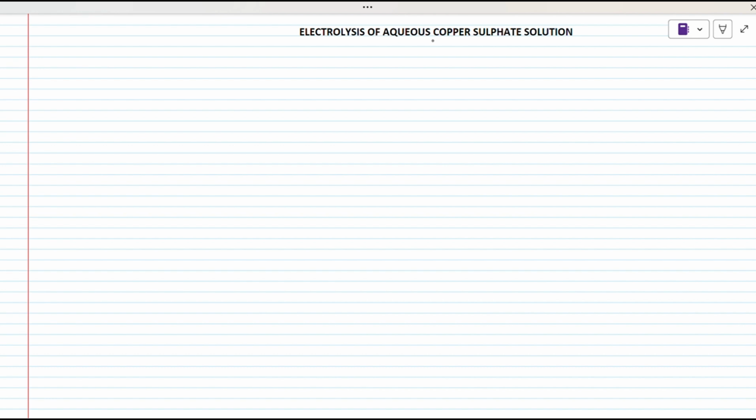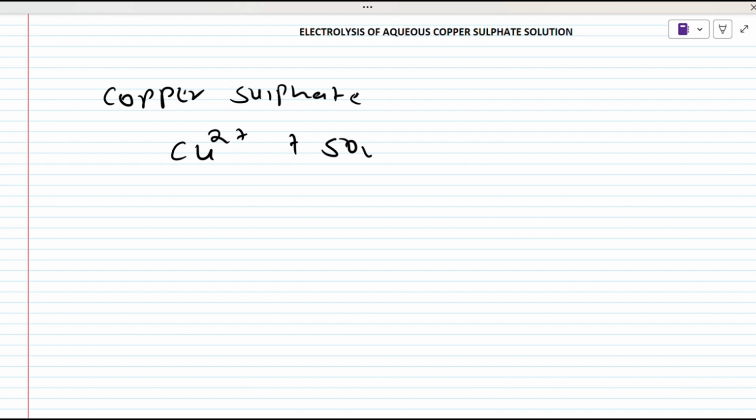Now, copper sulfate, or the copper sulfate solution, is made up of copper ions and sulfate ions. I discussed sulfate ions as a radical reacting with the copper metal to give us the copper sulfate solution.